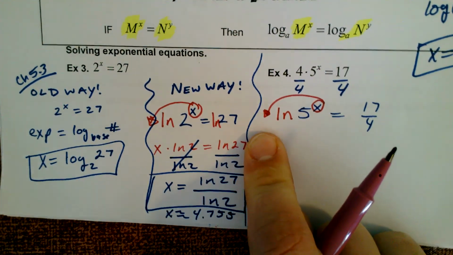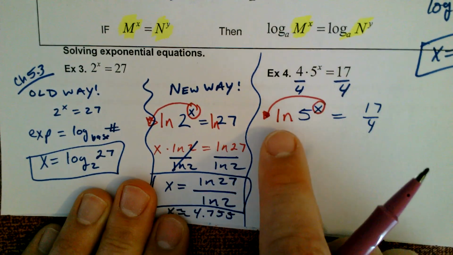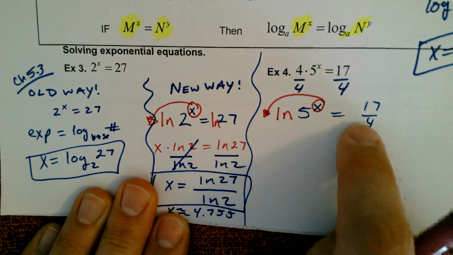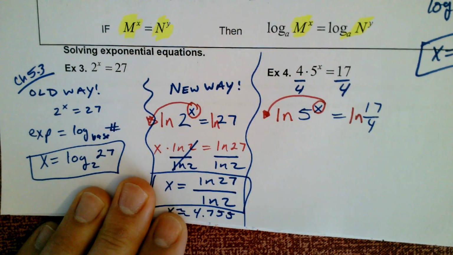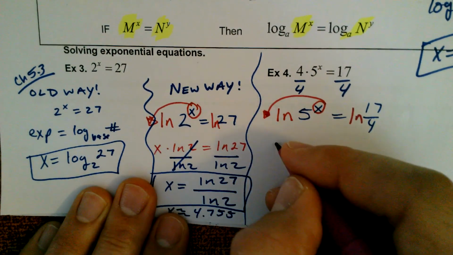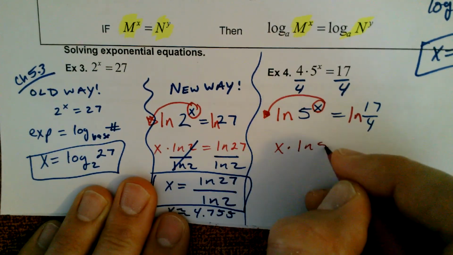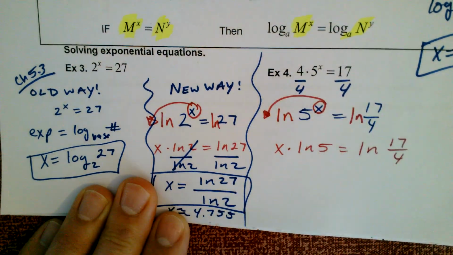Okay, now, if you divide both sides by 4, it keeps it equal. If you natural log this side, you got to do it to this side. You got to keep it equal. So we bring this guy down. We've got x times the natural log of 5, and that equals the natural log of 17/4.